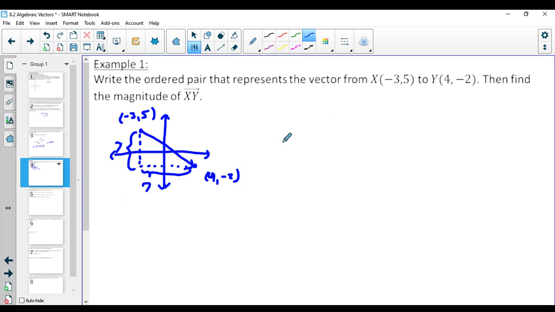And so then our magnitude is going to be the square root of 7 squared plus 7 squared, or 49 plus 49. Which, if I round to the nearest tenth, is going to get me 9.9.